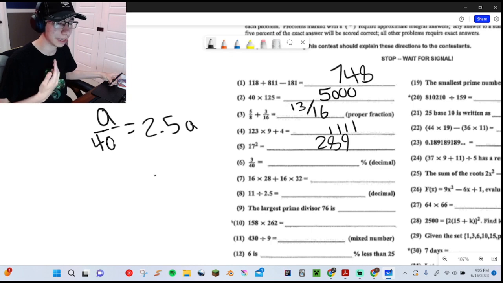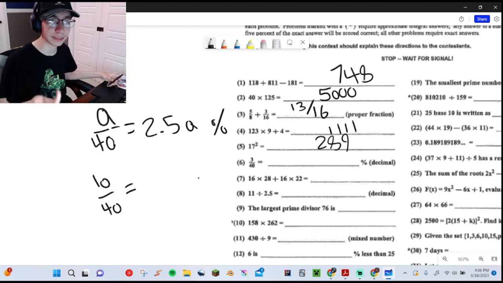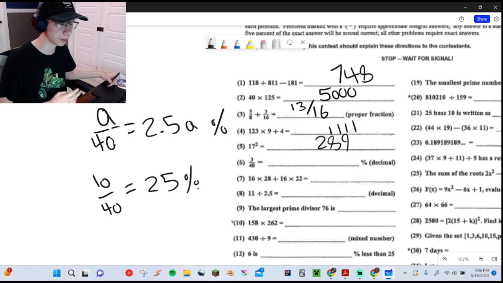So let's say if a was 10, for example. 10 over 40. Well, then its percent representation is going to be 2.5 times 10, so 25%.